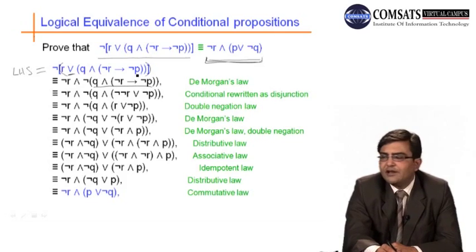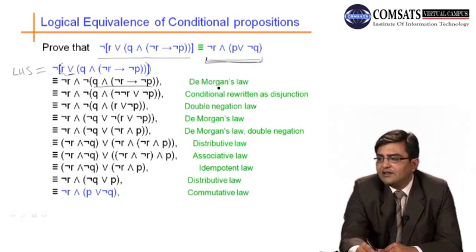What we have used here is De Morgan's law, where the negation of P or Q is logically equivalent to the negation of P and the negation of Q. So we have applied De Morgan's law here.